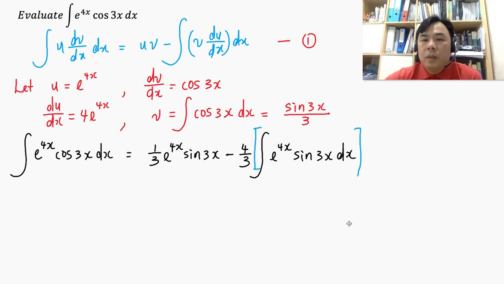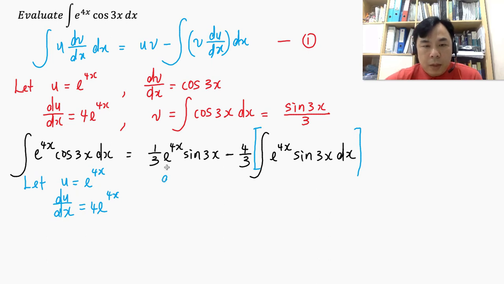To do that, I will let u equal e to the 4x, and then I will get du dx to be 4e to the 4x. My dv dx will be equal to sine 3x. The same thing, I will obtain my v.